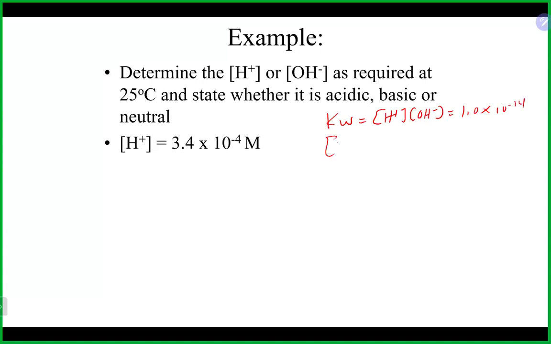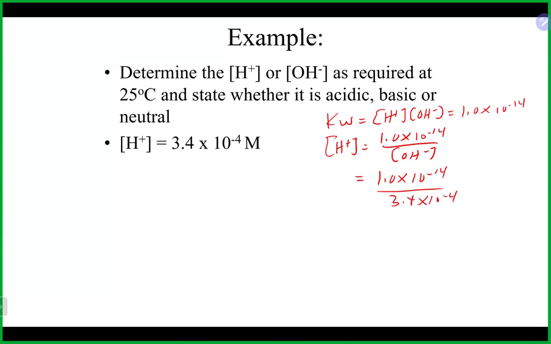So to solve for the OH minus concentration, 1 times 10 to the minus 14 divided by the H plus, and putting in our number there, divided by 3.4 times 10 to the minus 4.